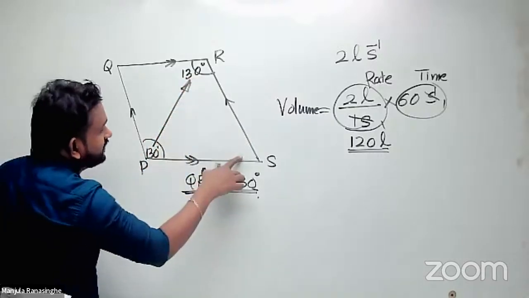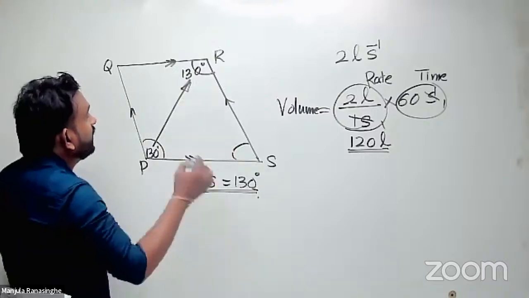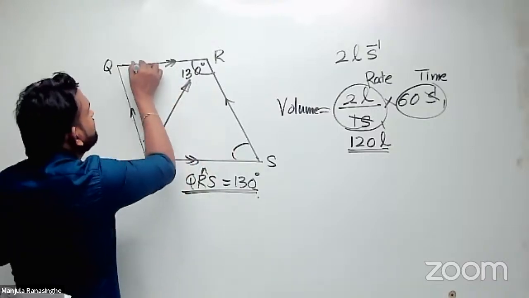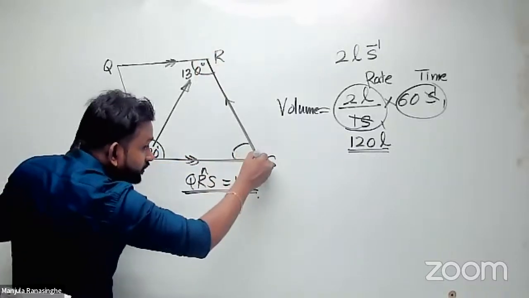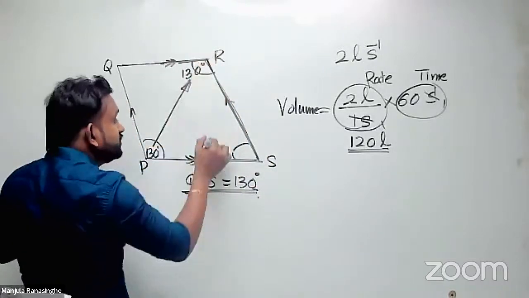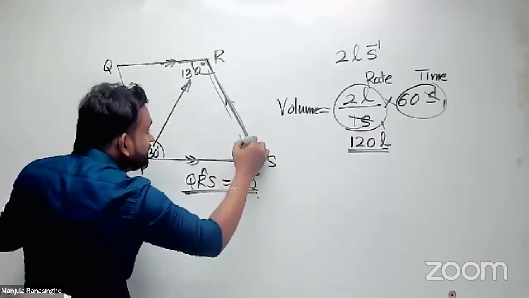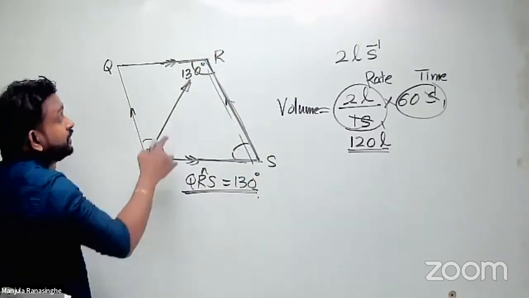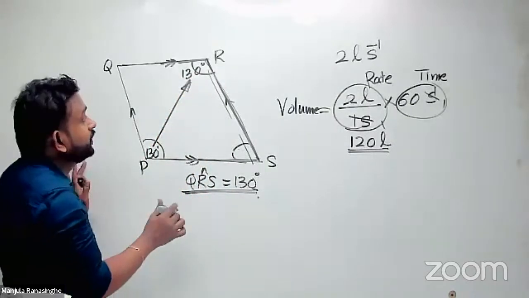Then they are asking for this angle, but remember these are not equal. What is the next theorem? You can see there are two parallel lines, and this is the transversal. Between them, on the same side, these are called allied angles. The sum of these two is 180.